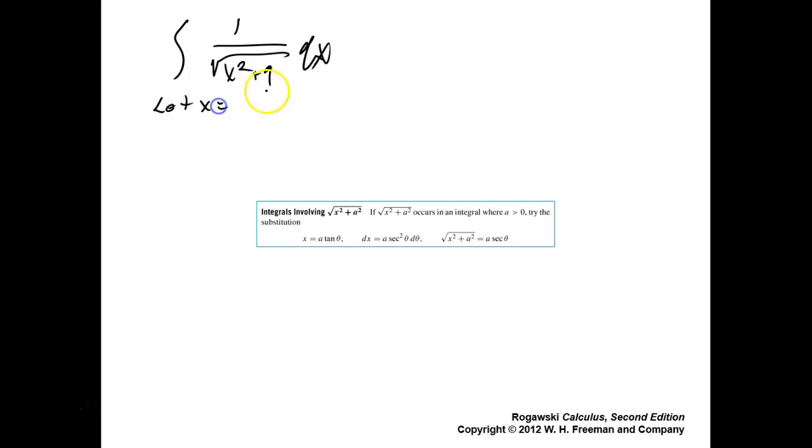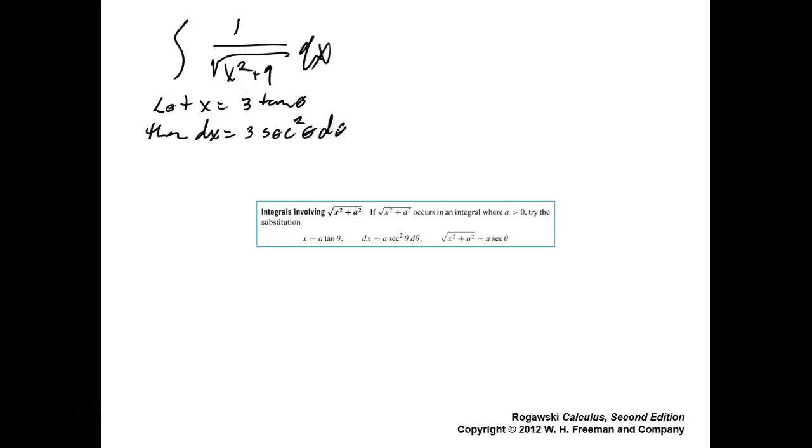Let x equal 3 times the tangent of theta. Then dx is equal to 3 times secant squared theta d theta.